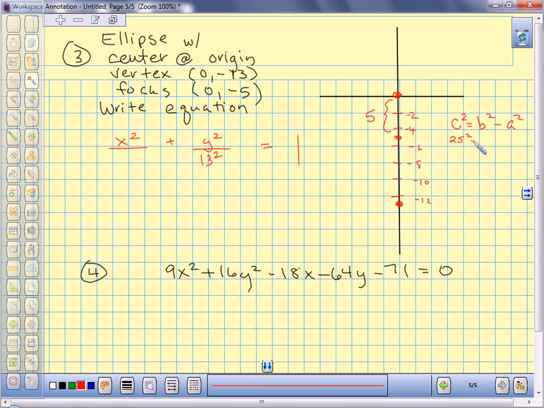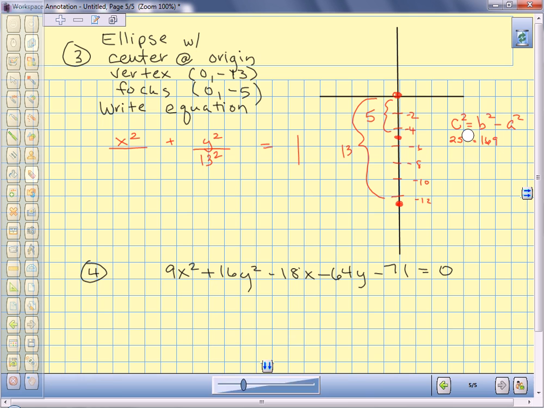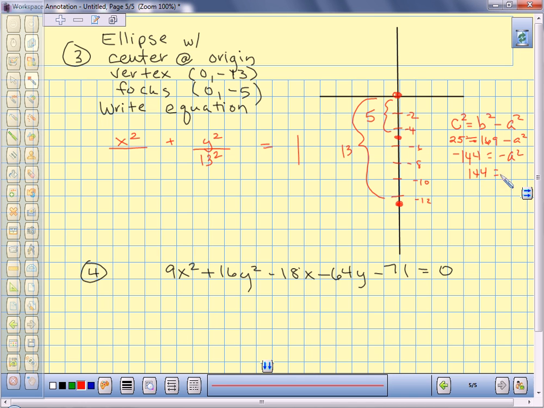Ooh, I squared it and I put a square. Sorry. So that would be 25 equals 169 minus a squared. So negative 144 equals negative a squared. So 144 equals a squared. So 12 equals a. But what goes under here is a squared. So it's going to be x squared over 144 plus y squared over 169 equals 1.